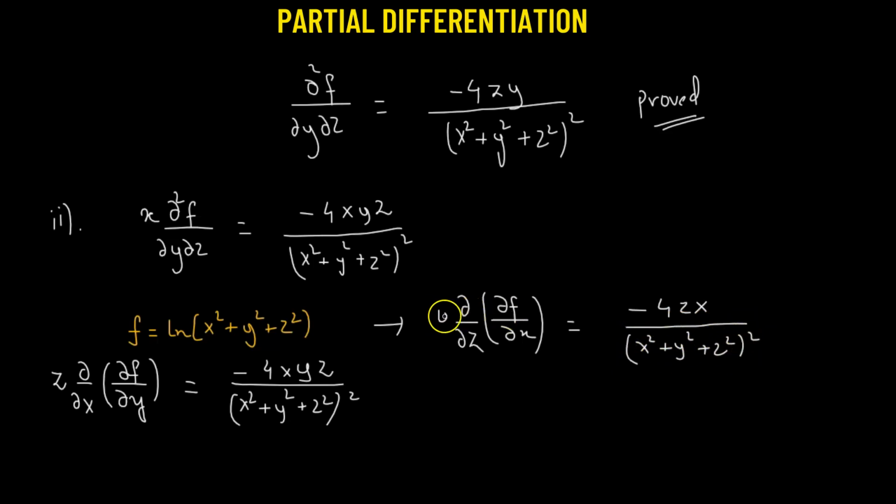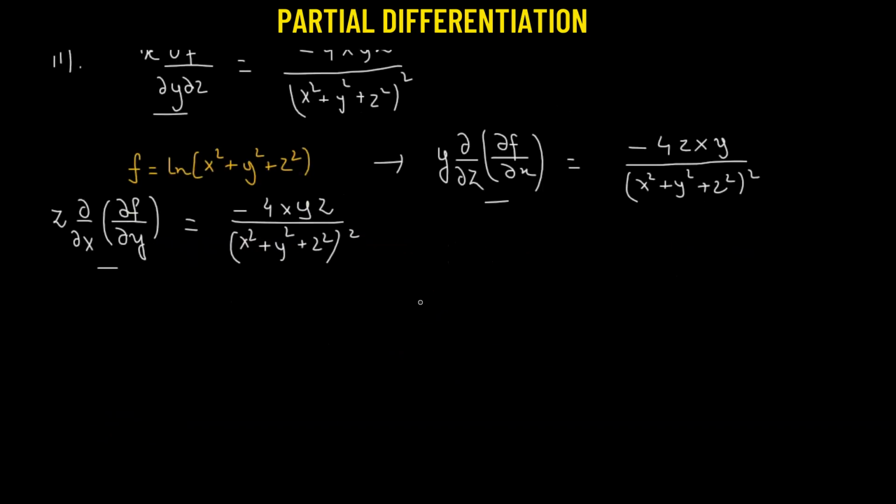And we'll multiply both sides of the equation after obtaining the second order partial derivative. So this will be equal to negative 4zxy. So we see here that this term and this term are all equal to each other.